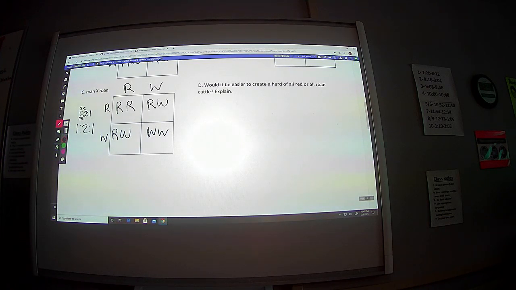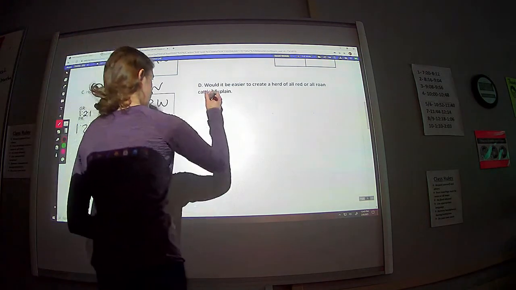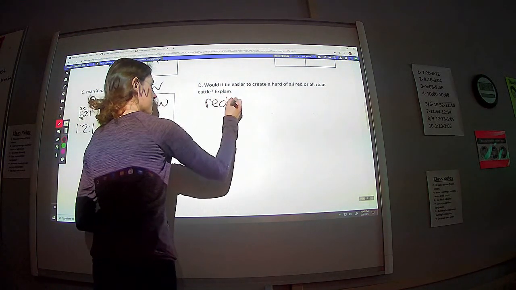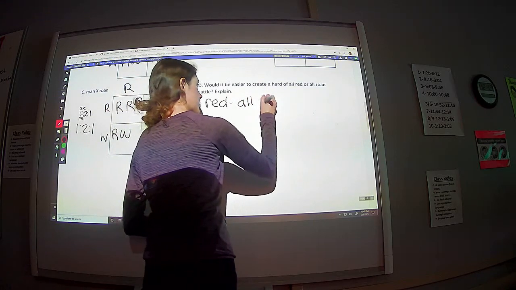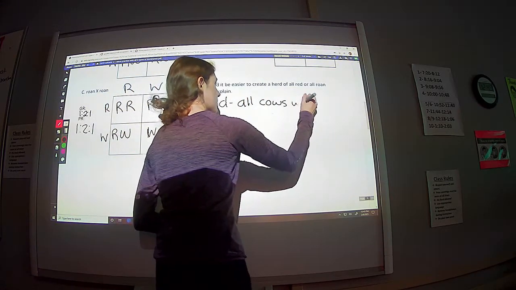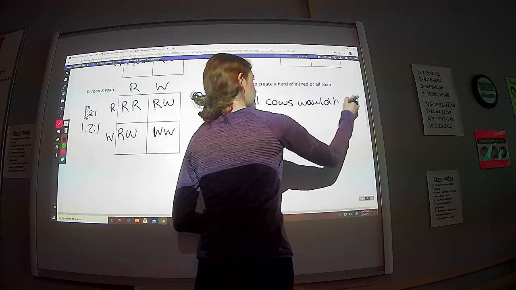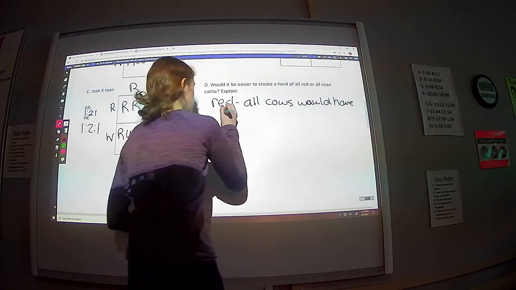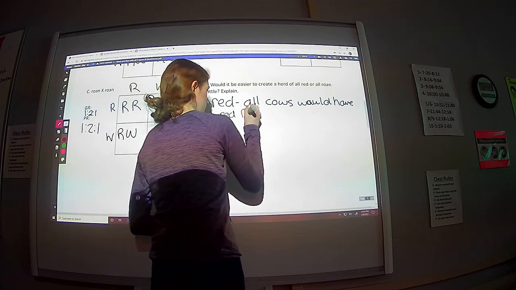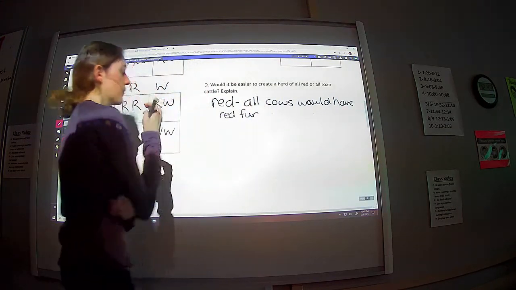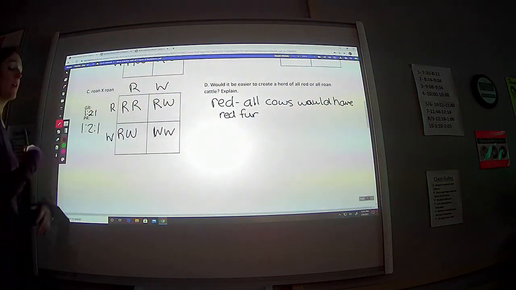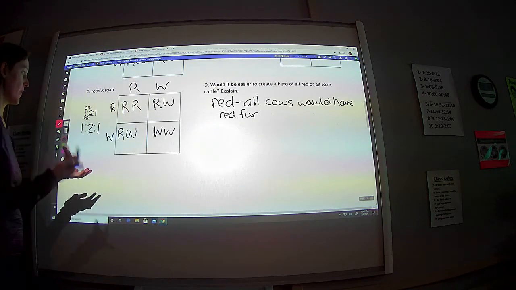If I wanted them to be all one of the colors, it would be easier to do red, because all cows would have red fur. If you were going to do a roan herd, you would need one cow that had red fur and one cow that had white fur.